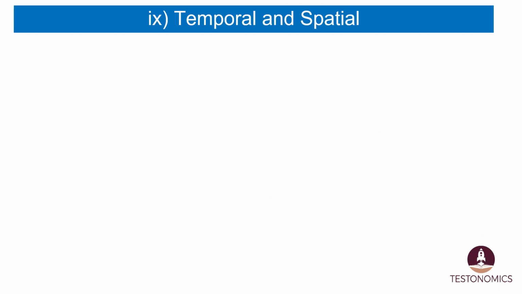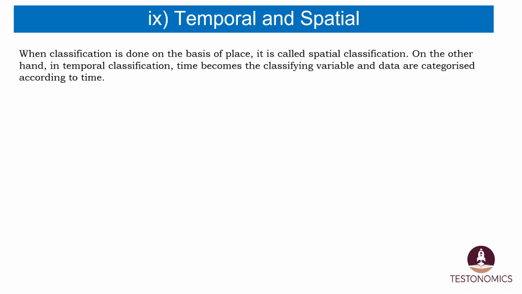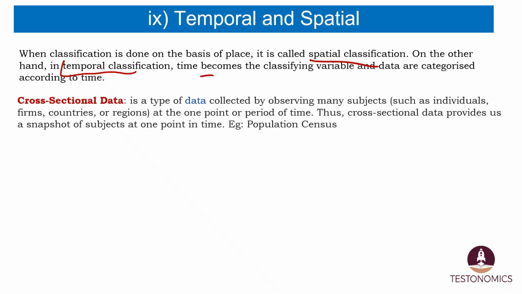Next, let's understand the meaning of temporal and spatial. When classification is done on the basis of place, it is called spatial classification. And on the other hand, if the classification is done on the basis of time, then it is temporal classification. Cross-sectional data, what is it?